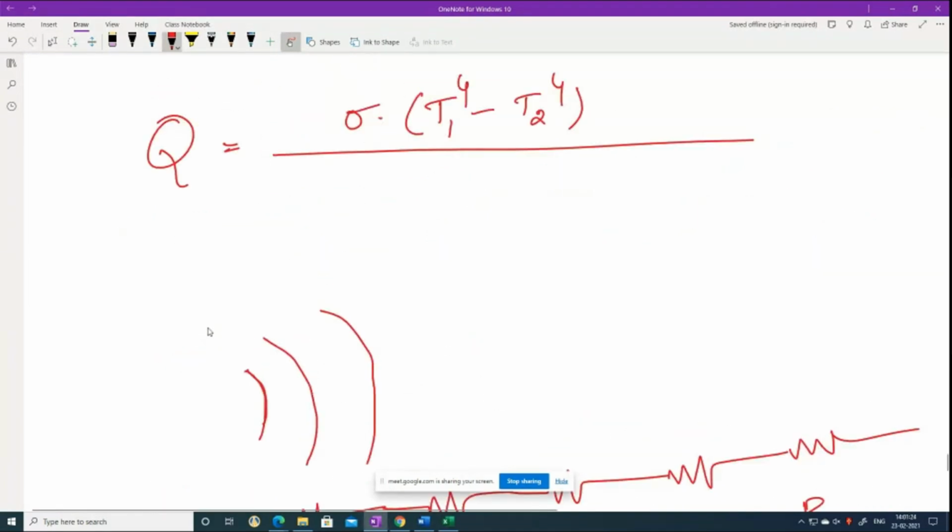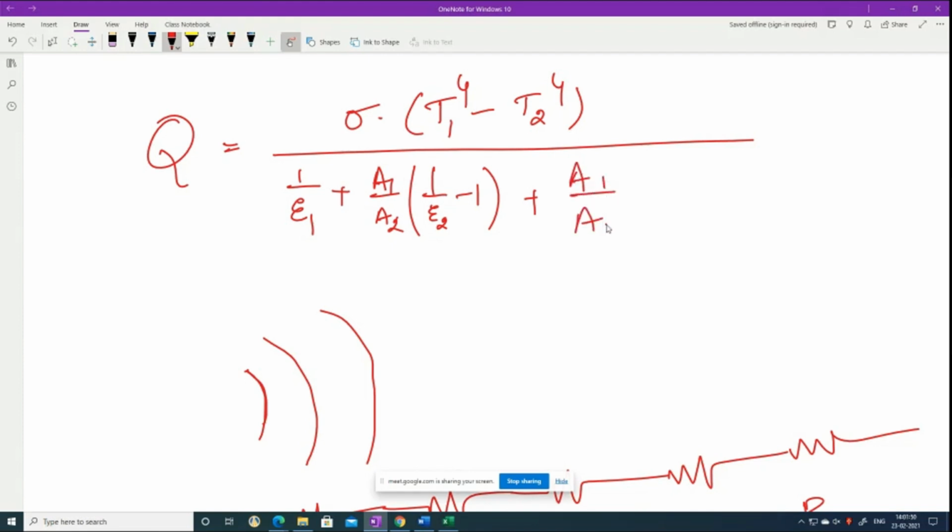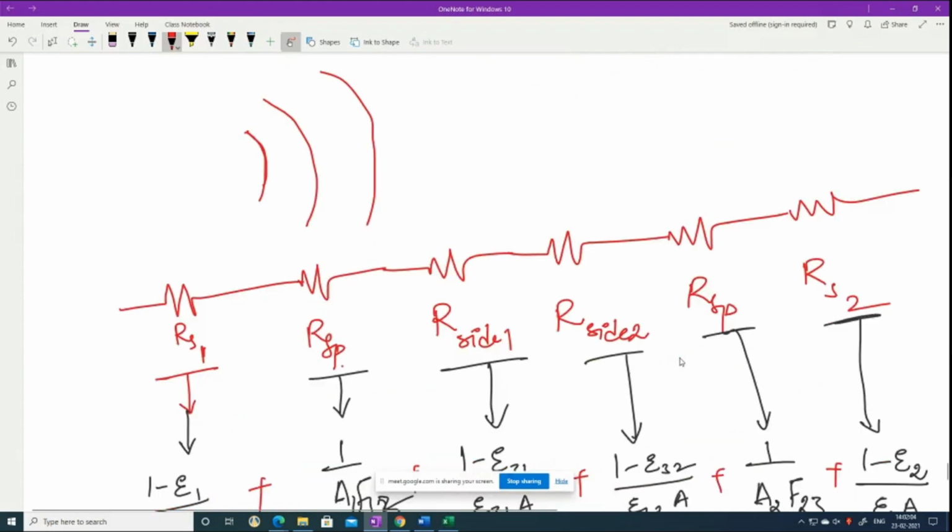When you substitute it in the denominator, it will take this form: 1 by epsilon 1 plus A1 by A2 into (1 by epsilon 2 minus 1) plus A1 by A3 into (1 by epsilon 3 1 plus 1 by epsilon 3 2 minus 1). So this is a simplified form of this whole thing.